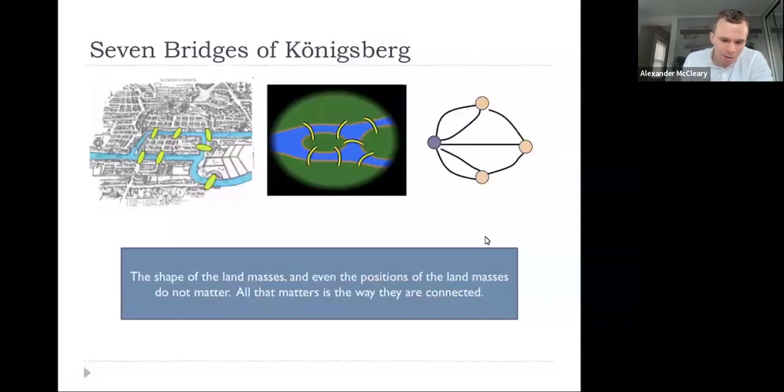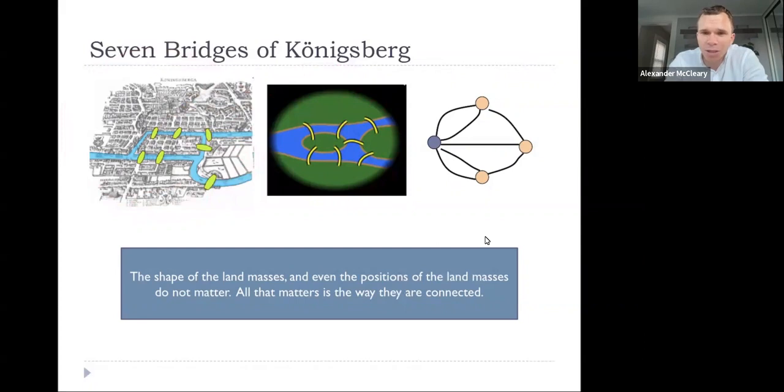He started by taking this problem of the whole city and noticing that the actual path you take through the city streets does not matter at all. All that matters is how you cross the bridges. So you can reduce this picture down to something like this by not worrying about what's going on over here.